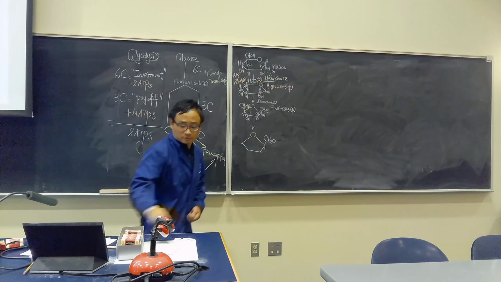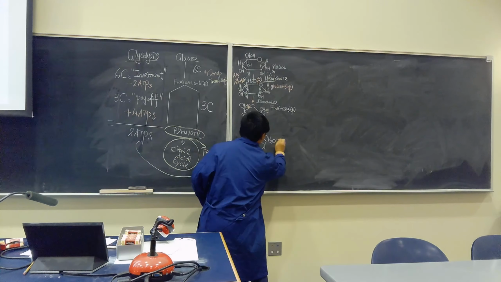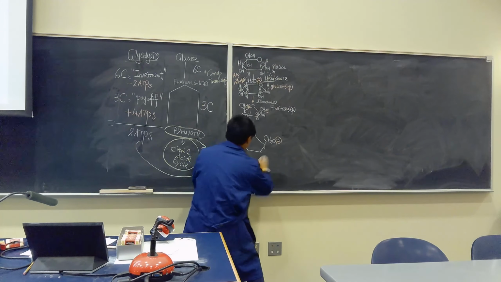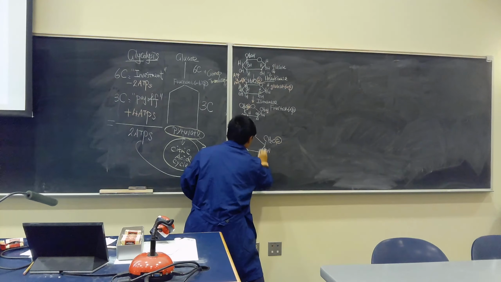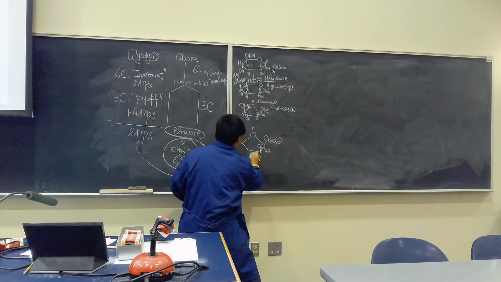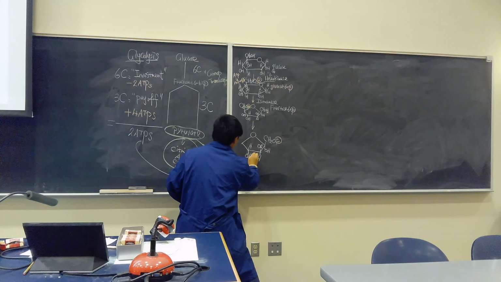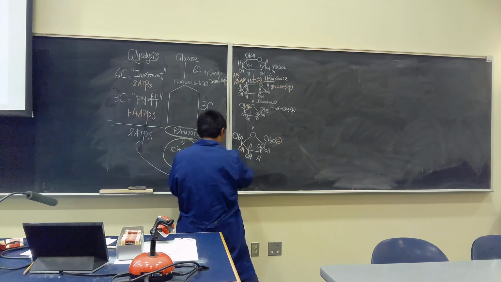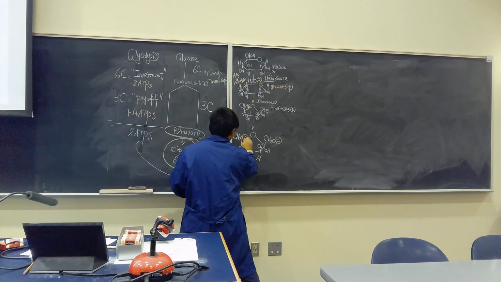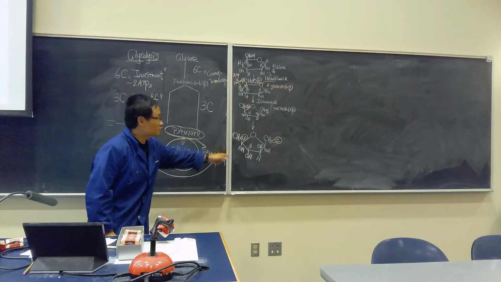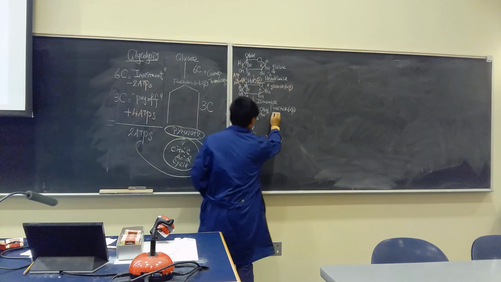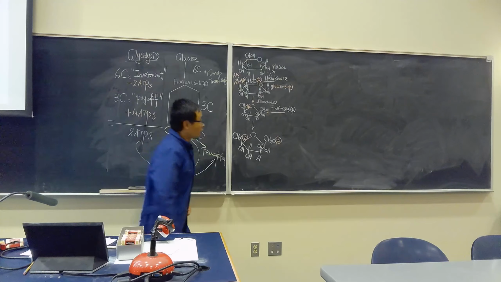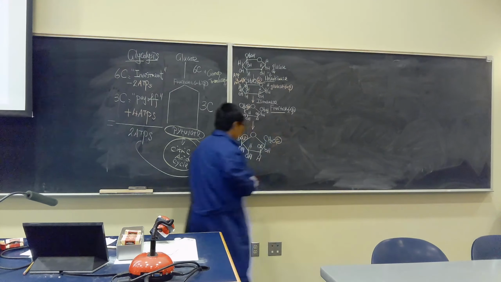CH2O go here, add a phosphate, add OH, then go OH. These are the same, you can just copy. It's all the same. Okay, OH, CH2O. Then what's this? This is already fructose 6-phosphate.